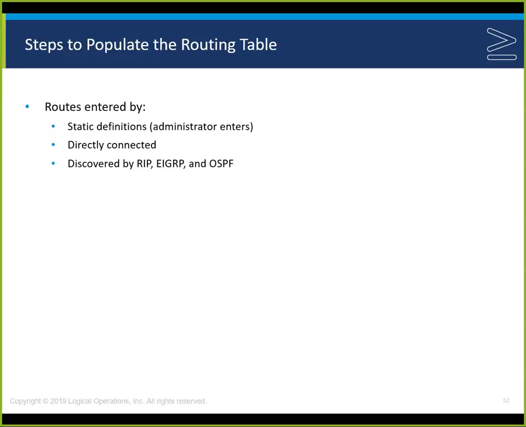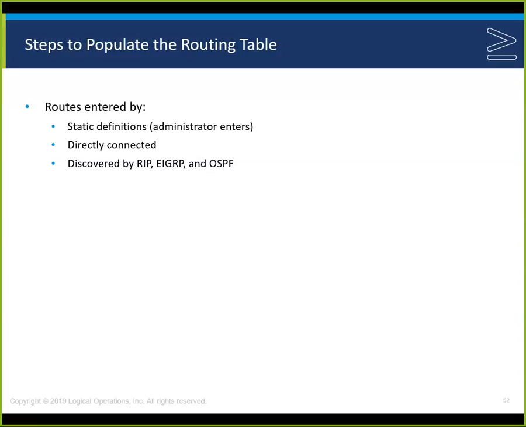Populating the route table. How can we get there? Static definitions, and we did the default route. That was a static route, ip route. It's directly connected. We've seen how you get to be that: you get to be directly connected to the router. And then discovered by a routing protocol: RIP, EIGRP, OSPF. And again, OSPF is the protocol that we're going to be concerned about here.